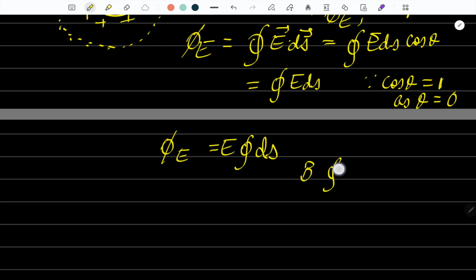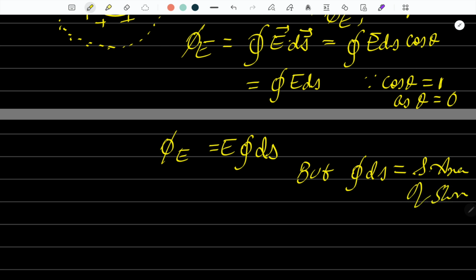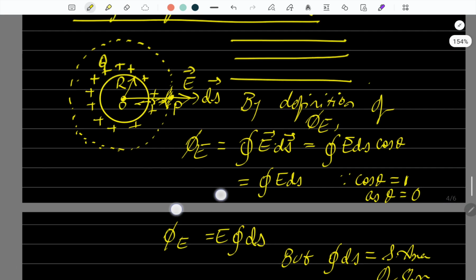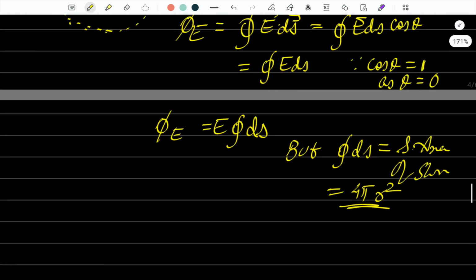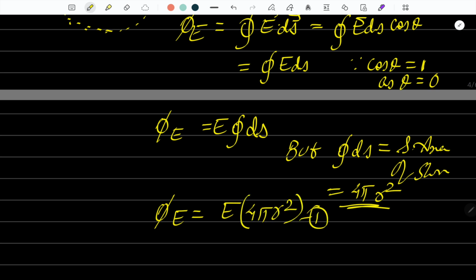But integral ds is nothing but the surface area of a sphere, which is 4 pi small r square. Why small r? Because whatever we are doing right now is for the outside Gaussian surface. So the final expression becomes electric flux is equal to E into 4 pi r square. This will be your first equation.